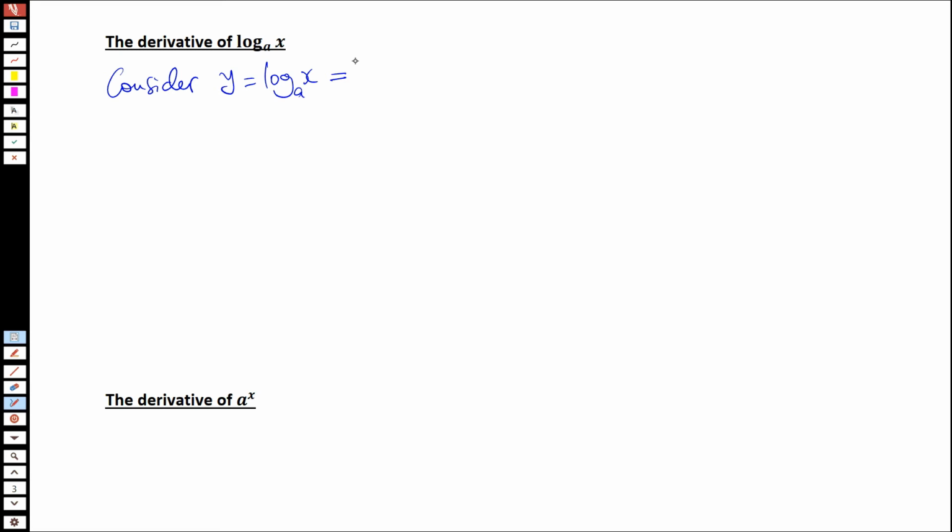So this will be equal to log to base e of x over log to base e of a, which will be equal to ln of x over log to base e of a, and this can be written as 1 over log to base e of a multiplied by ln x.